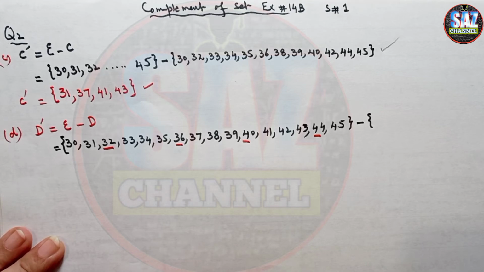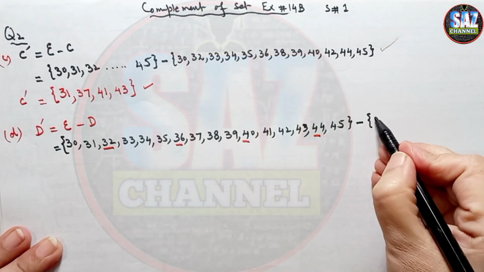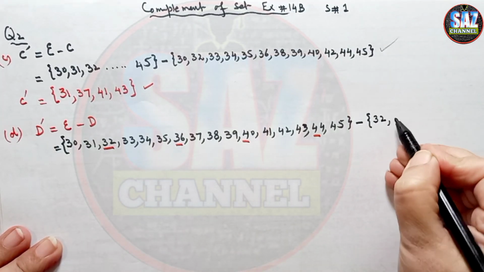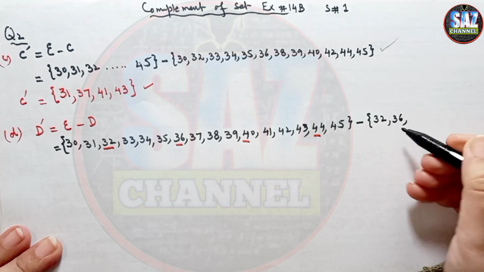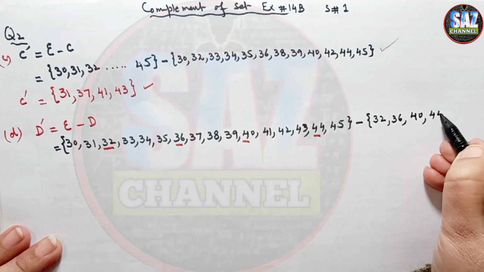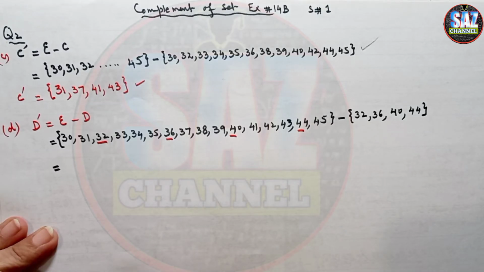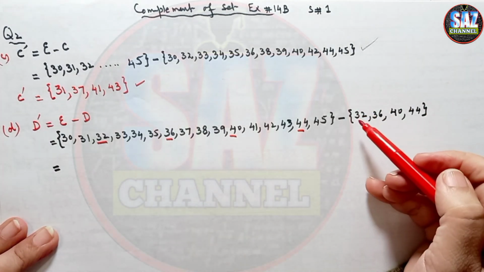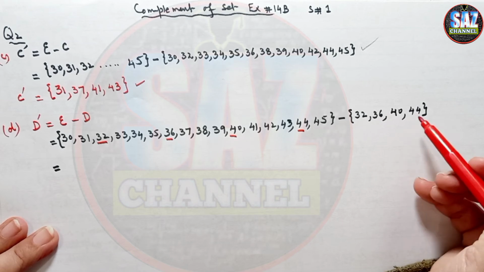Now what I have to do, I have to write the elements here 32, 36, then 40 and 44. Now the complement will be the set of the remaining elements of universal. So I have to discard 32, 36, 40 and 44.